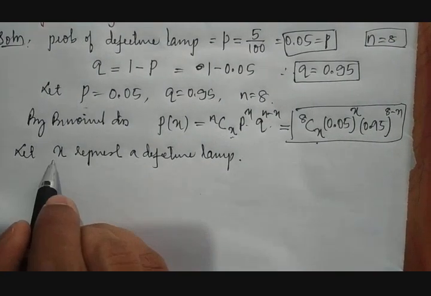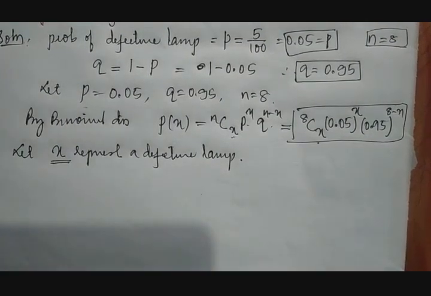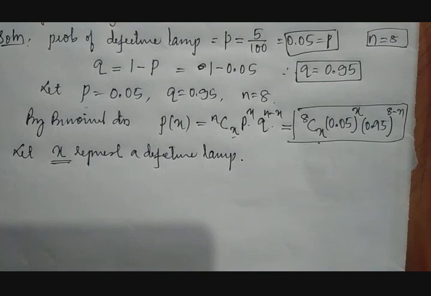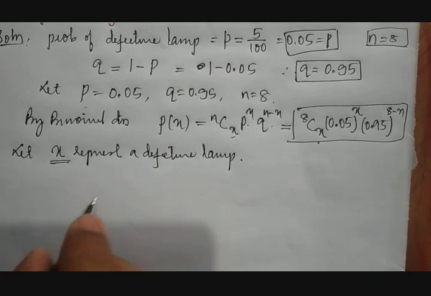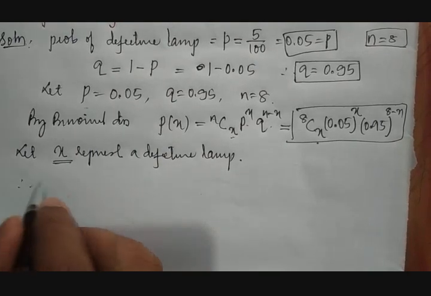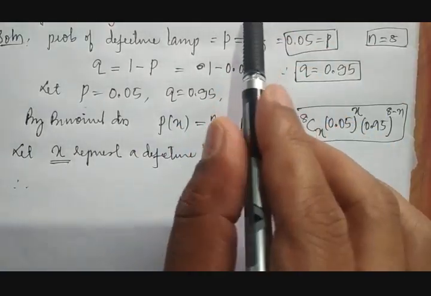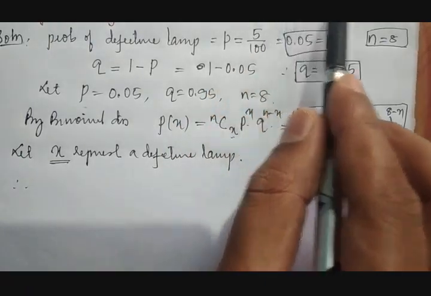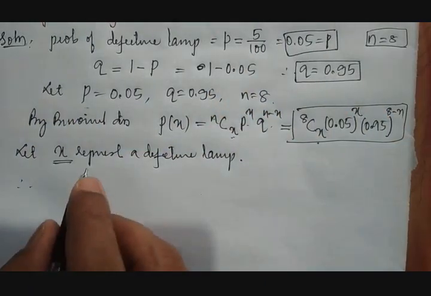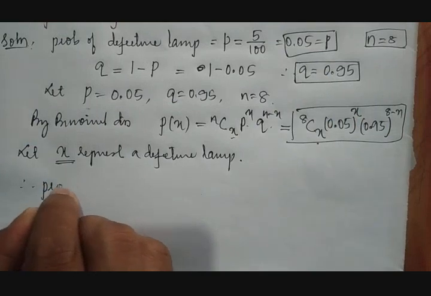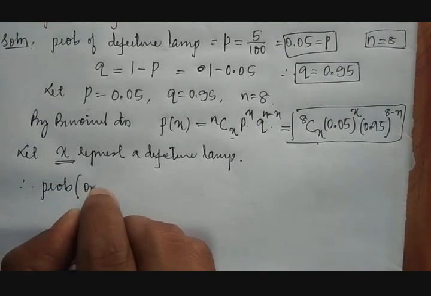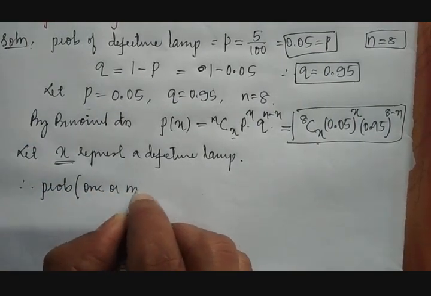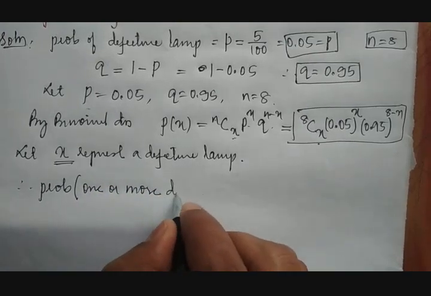Means x represents defective lamps, so whatever number of x you put, you should be very careful and clear that you are putting a number of defective lamps. Therefore, what is to be calculated? The probability of one or more defective lamps. Means we are going to calculate the probability of one or more defective lamps.